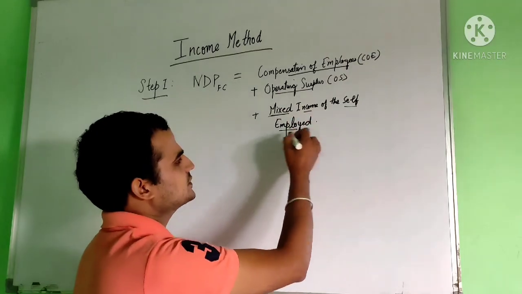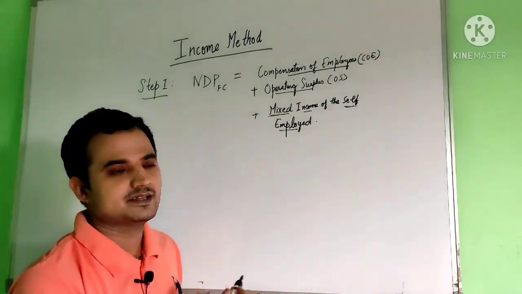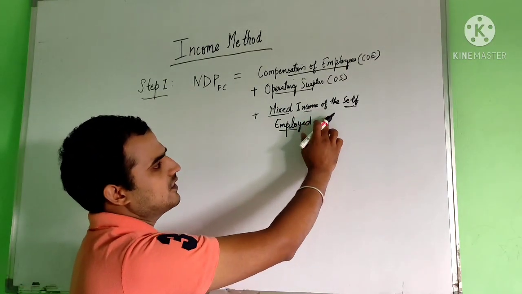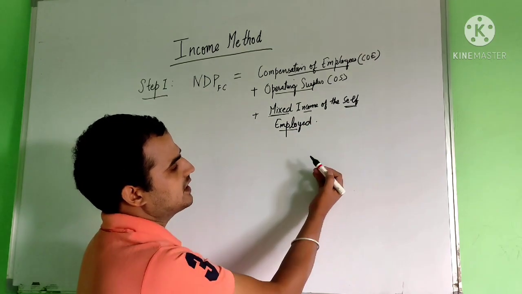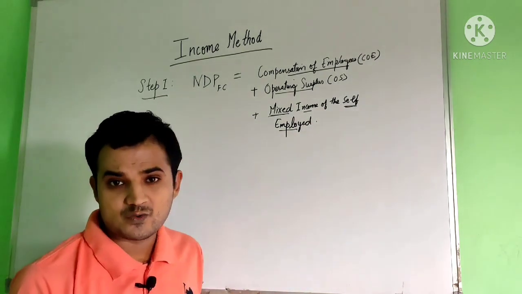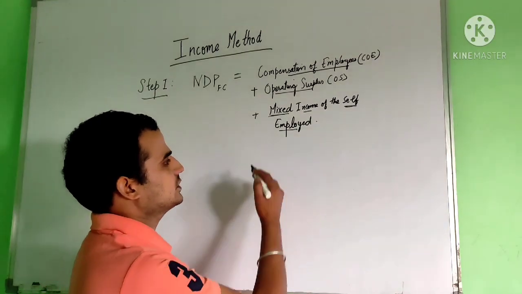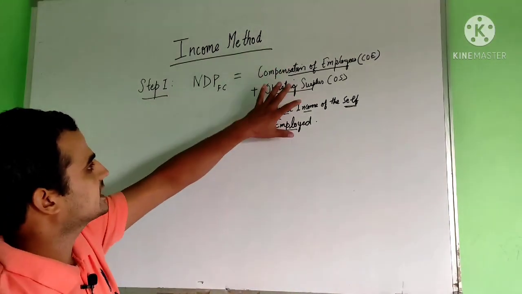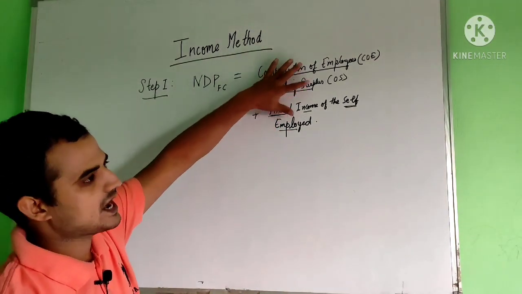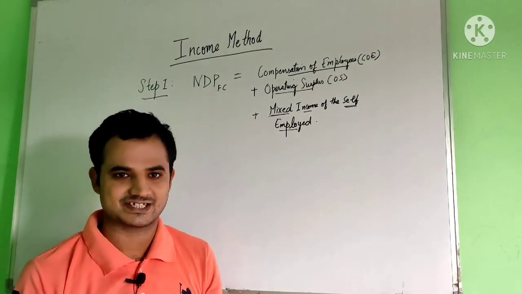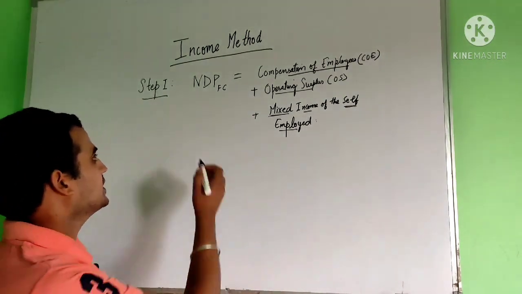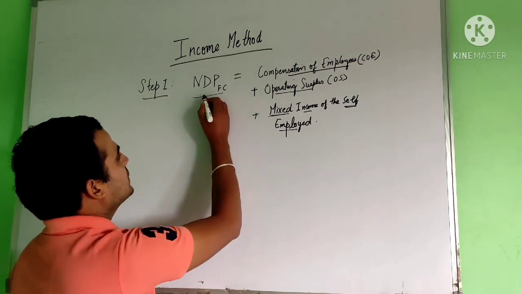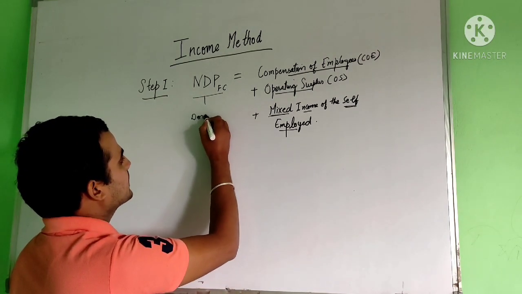It includes all those income of self-employed. It may include rent of the building of the self-employed person, his own labor. All these things are included in self-employed. So broadly there are three things which we require to calculate to reach at domestic income. We also call it domestic income.